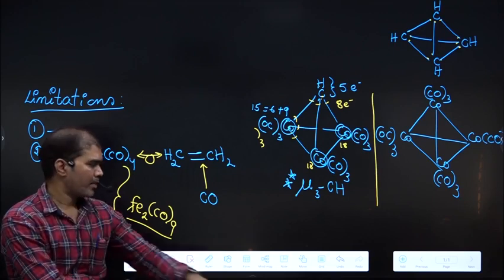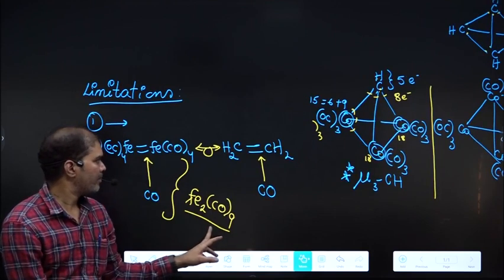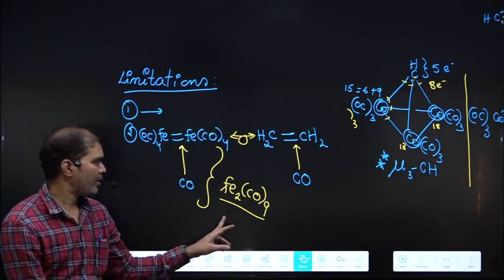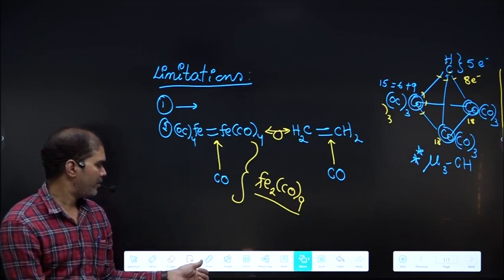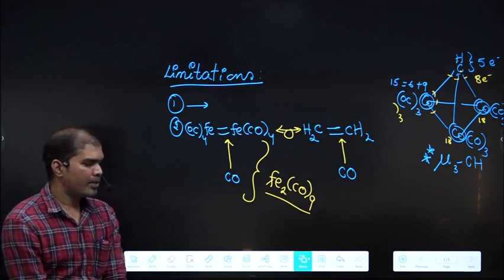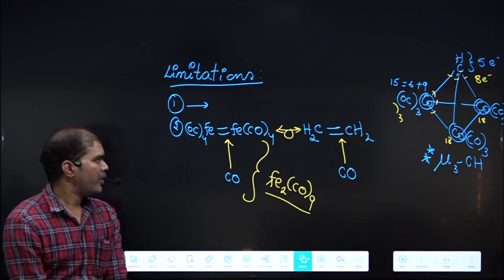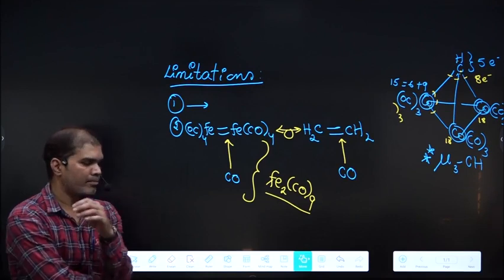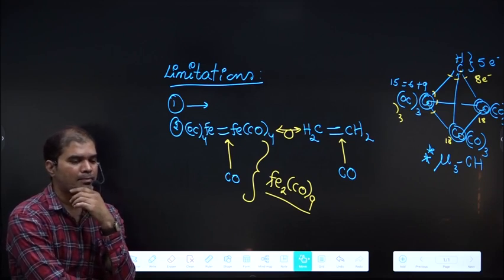Next. Fe(CO)4 easily combines with another Fe(CO)4 to give Fe2(CO)8, which is unstable at room temperature.